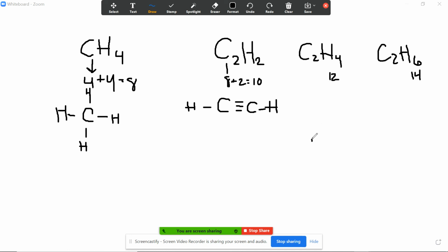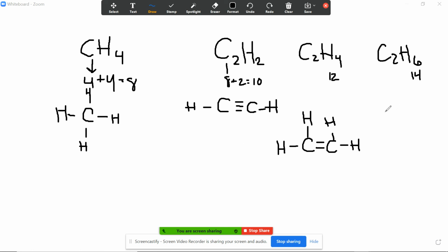So I'm going to do this one a little down so I have more room. And I'm just going to give each of them 2 hydrogens. Okay, and then our last one is C2H6.